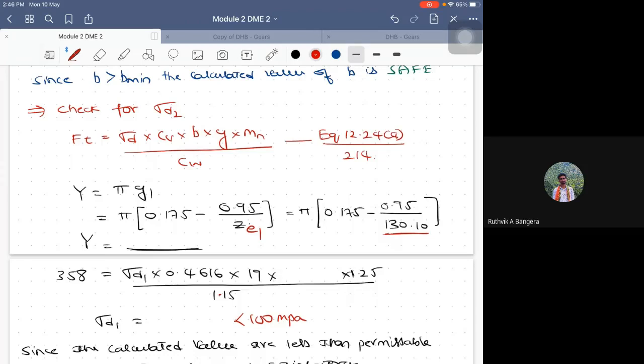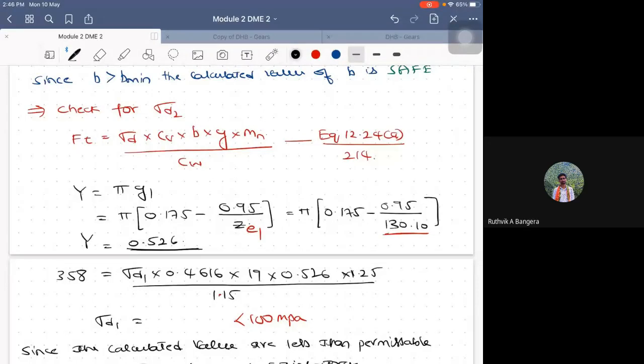Okay, what is the value? 0.5. 0.5. 26. Okay, just substitute the value and check whether it is less than 100 megapascals or not, which is the allowable stress value.